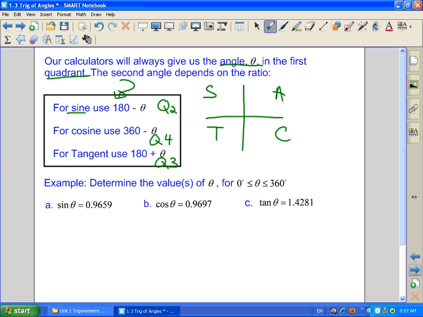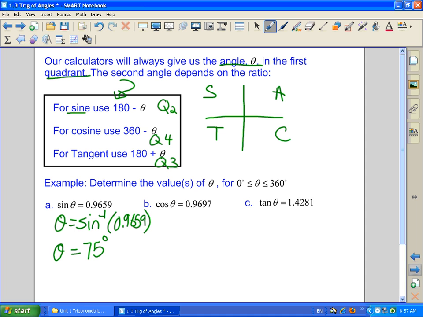Lastly, let's determine the values for theta between 0 and 360. In this case, we need to first of all find the angle. So we're going to use our inverse buttons for our trigonometric functions. To get theta here, you're going to go sine inverse of 0.9659. Plug that in your calculator. You should get that the angle equals 75 degrees.